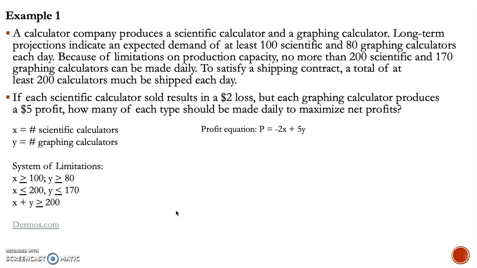For each scientific calculator, the company will lose $2, so we'll multiply -2 times the number of scientific calculators, and then each graphing calculator will draw a profit of $5, so plus 5y.